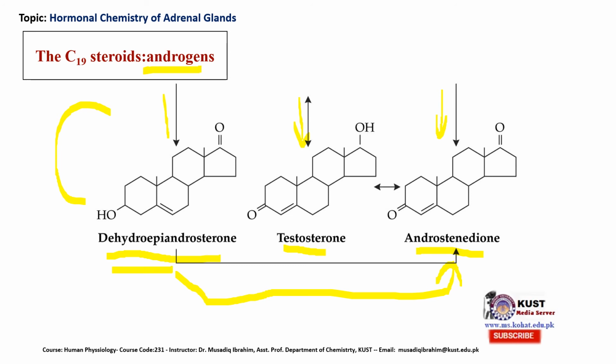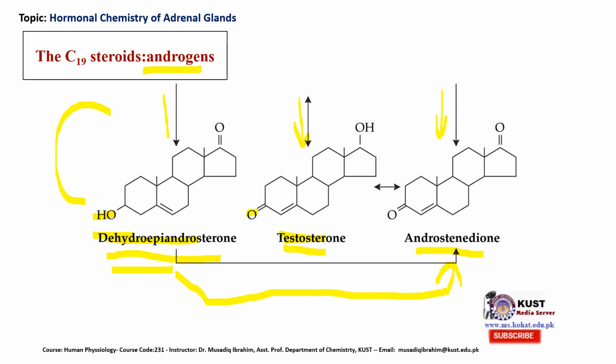And looking at the structures of dehydroepiandrosterone and testosterone, the difference is that at carbon number 3 you have a hydroxyl group in dehydroepiandrosterone, while in testosterone at carbon number 3 you have a double bond oxygen atom.